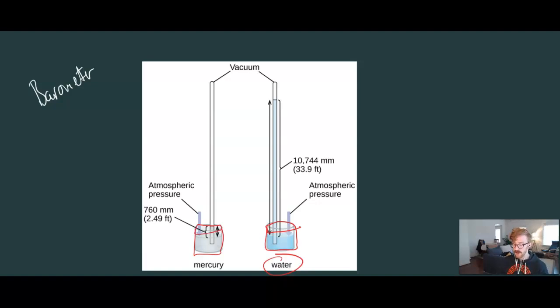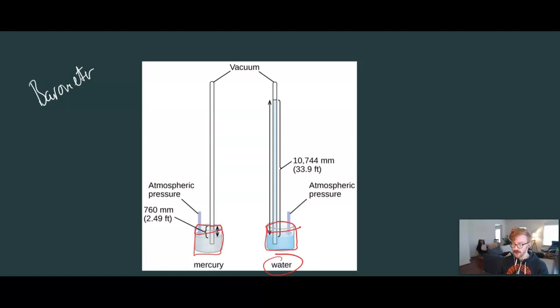The benefit of using liquid mercury is that it's much more dense. It's a liquid with a much higher density than water. So that means that if there are big changes in pressure, the vertical displacement up in the tube of the barometer won't be that high because it's such a dense liquid.